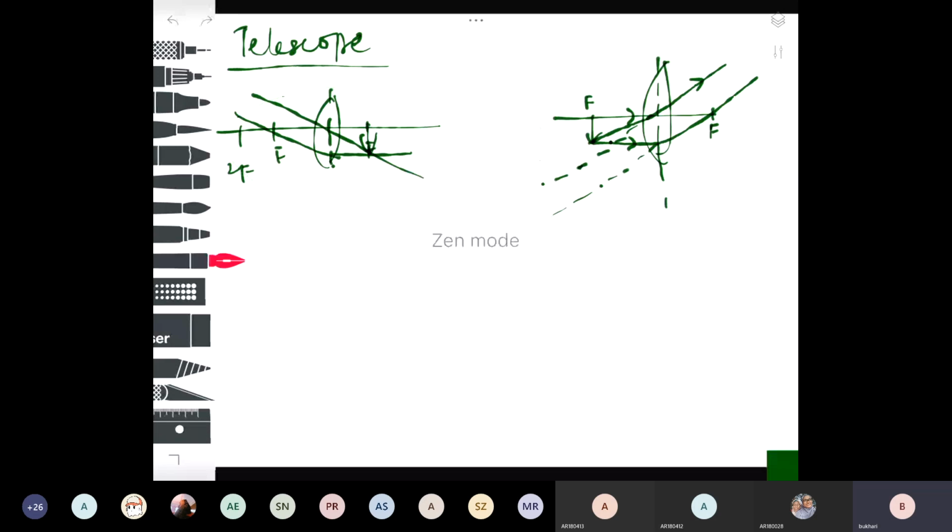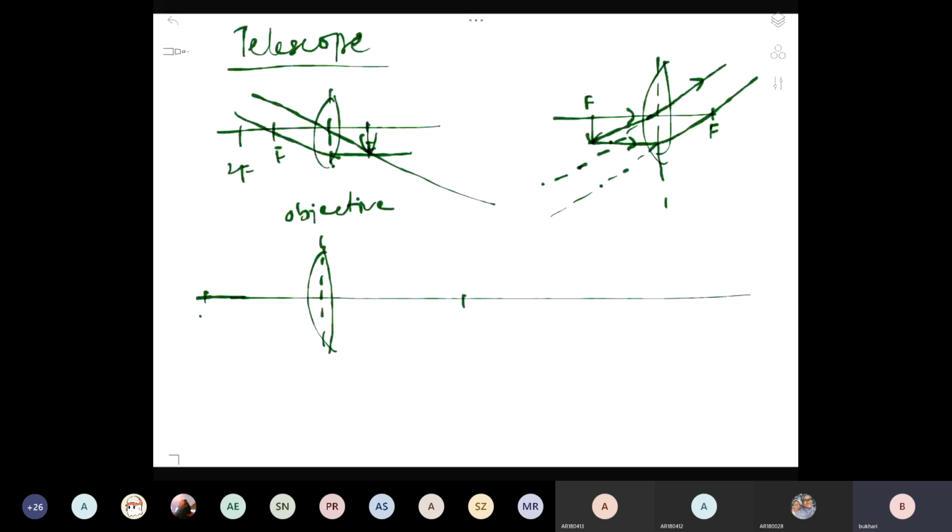For this one, you need to make sure we have a long focal length for the objective lens, the distance from the lens is quite long. For the microscope we learned just now, we use a smaller focal length for the objective lens. But for telescope, the focal length needs to be longer, like what I'm showing you here.